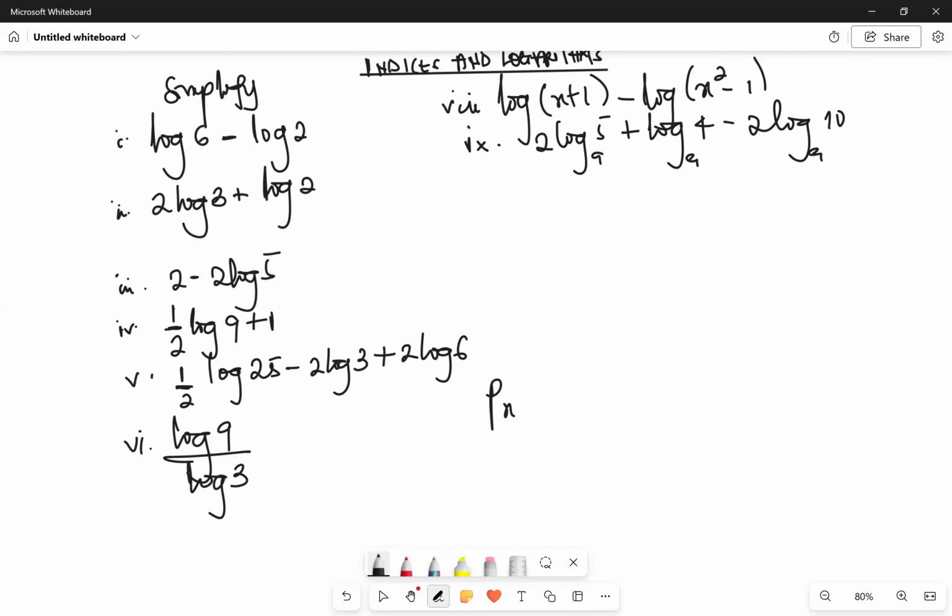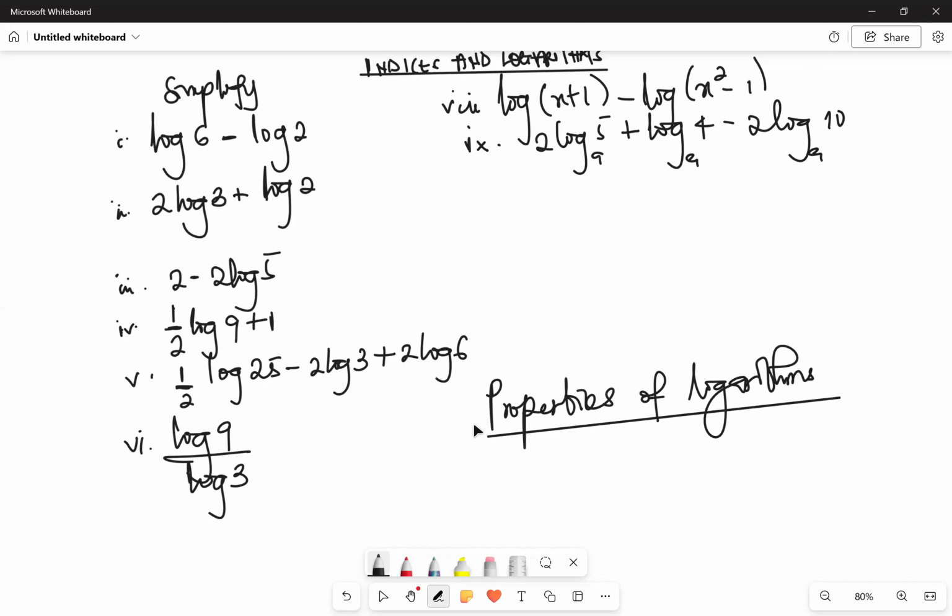So aside from the laws we all learned together, we use that with the properties in solving questions in logarithm. And the properties are just a few. So we have property 1 and property 2.